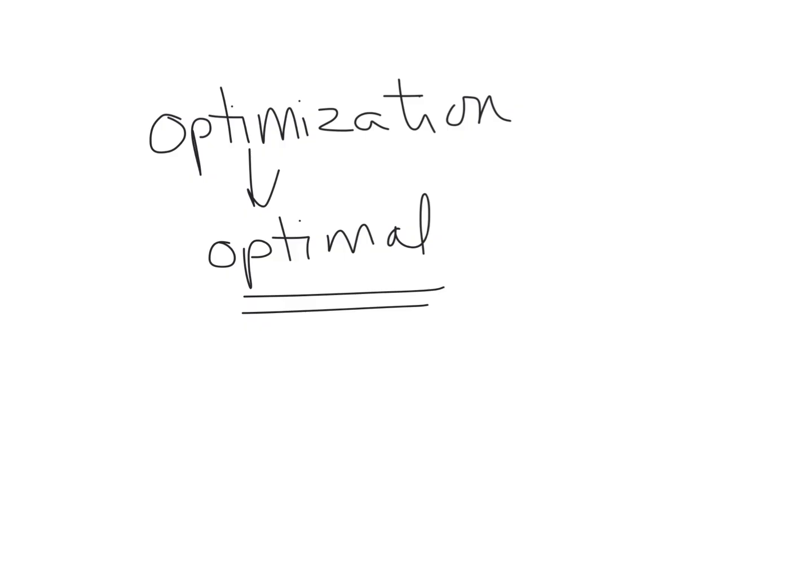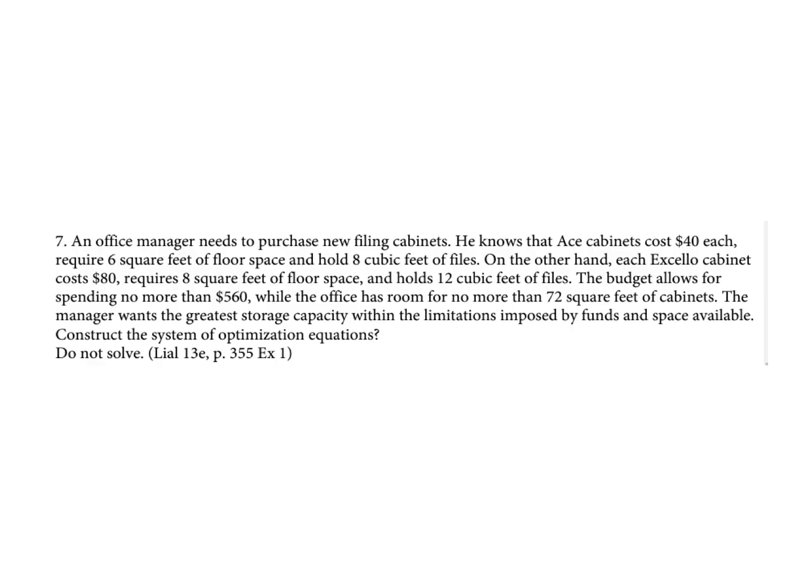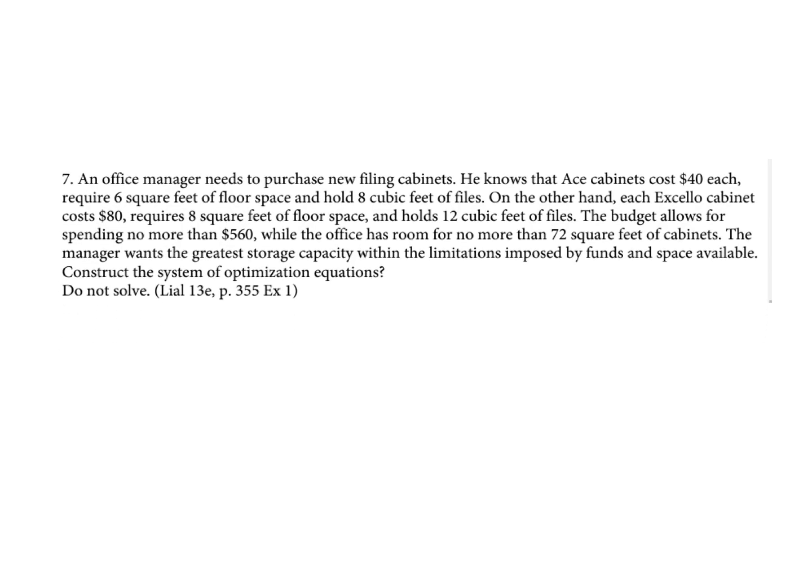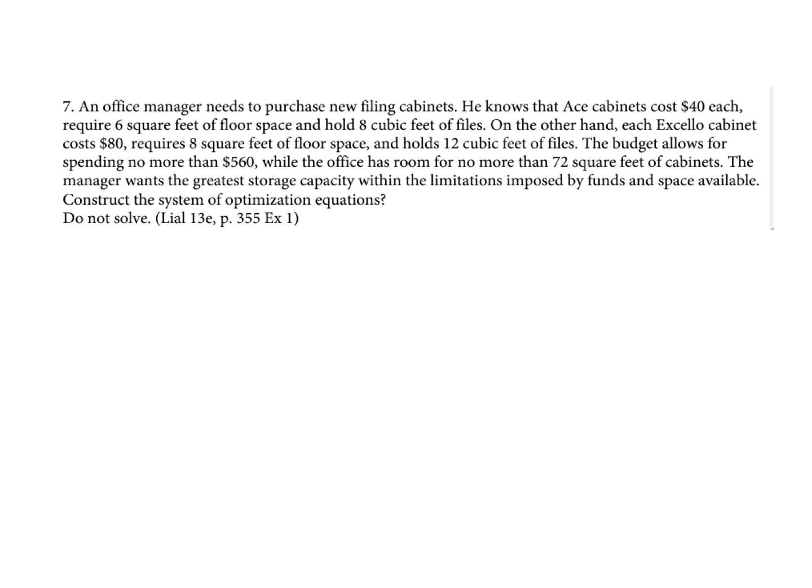So the first example we're going to look at involves supplying an office with filing cabinets. An office manager needs to purchase new filing cabinets. He knows that ACE cabinets cost $40 each, require 6 square feet of floor space, and hold 8 cubic feet of files.